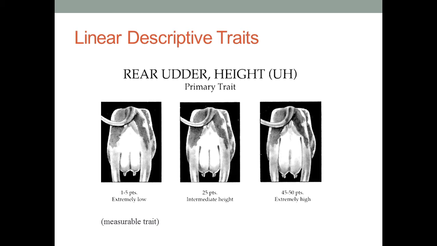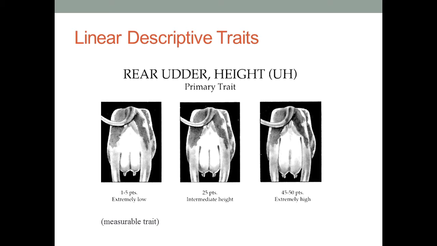This is a trait where the high score is most desirable, and it's also a trait that is measurable. So we measure from the base of the vulva to the top of the rear udder. An optimal measurement, the highest score, a 50-point rear udder height, measures 7 inches below the vulva.